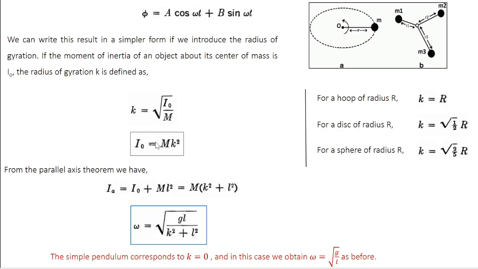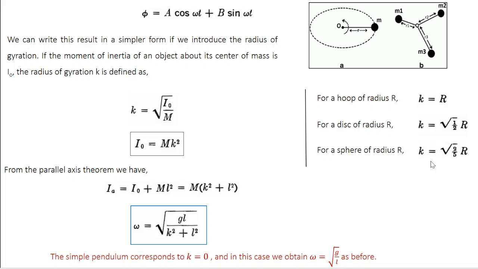And in the case of a disk of radius r, I know the moment of inertia about the center is half mr square. So when you write mk square equal to half mr square, you get radius of gyration k equal to square root of half into r. Same way in the case of a sphere of radius r, you will find k equal to square root of 2 by 5 into r.